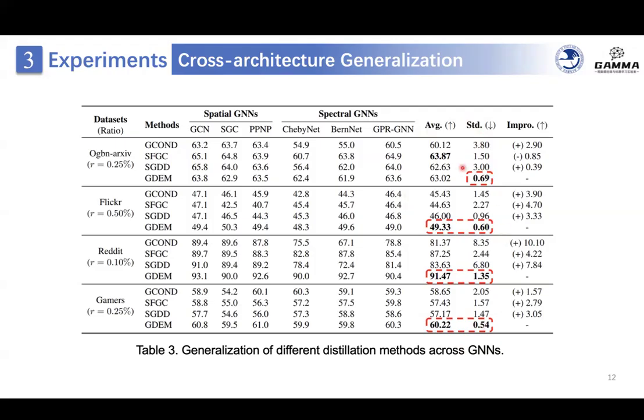We observe that GDEM achieves the highest average accuracy on 3 out of 4 data sets, and moreover, GDEM consistently achieves the lowest variance, suggesting more stable performance across these different evaluation models and highlighting its better generalization.